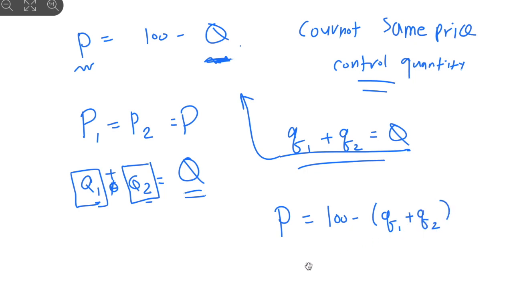That's why we have the demand curve that is equal to 100 minus q1 minus q2 in the slide.